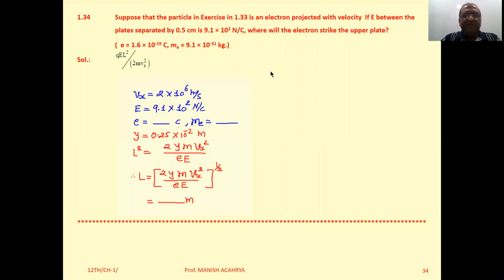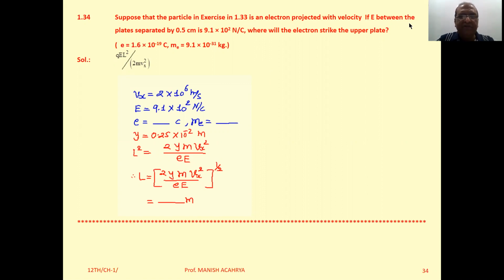Now 1.34. Suppose that the particle in the exercise in 1.33 is an electron projected with velocity 2 into 10 raised to plus 6.